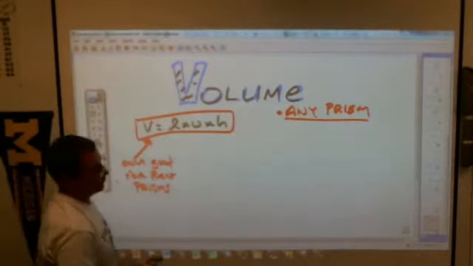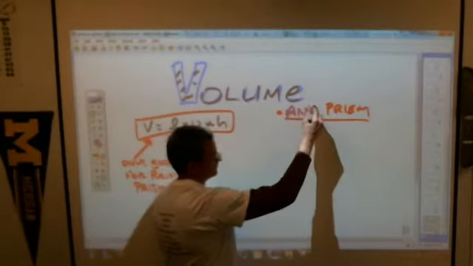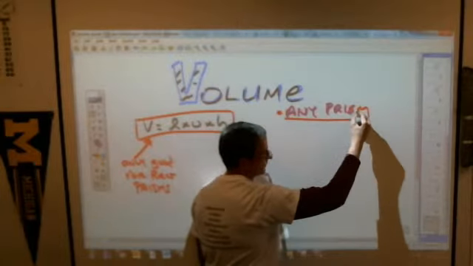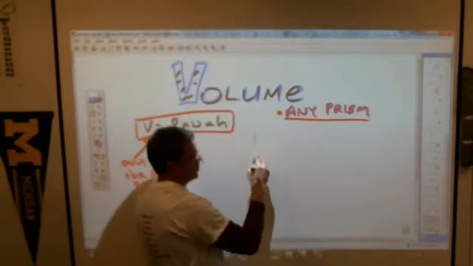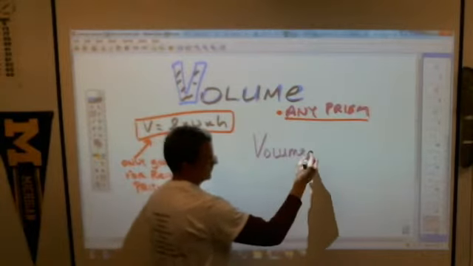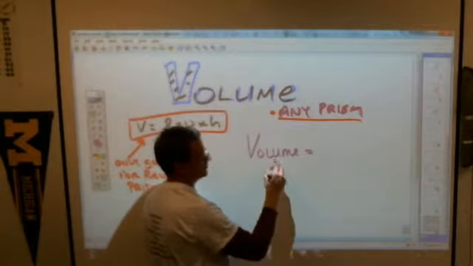Here is the formula for any prism. Volume equals, by the way, this is the volume for any prism.